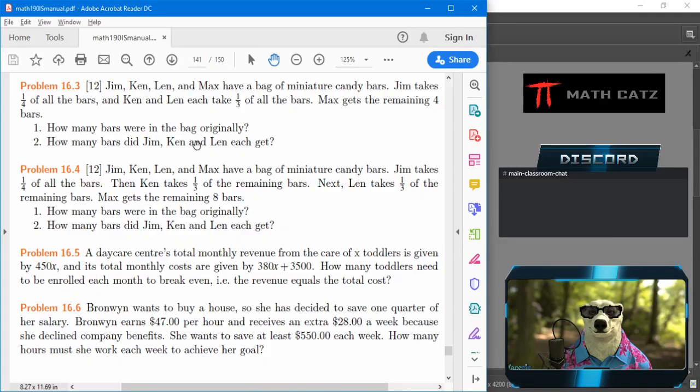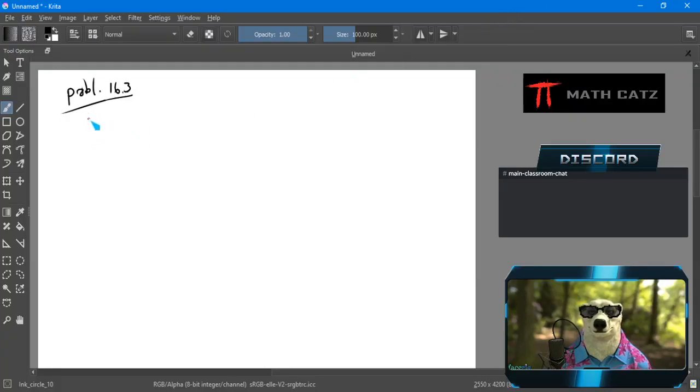They ask how many bars were in the bag originally. Okay, well, let's give that a variable name. Let's suppose X will represent the original number of bars in the bag.